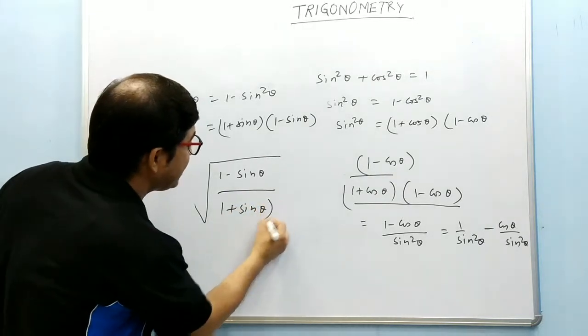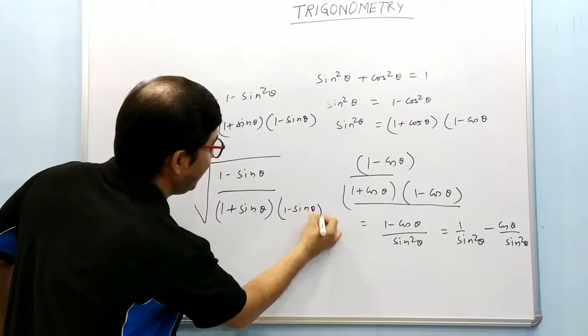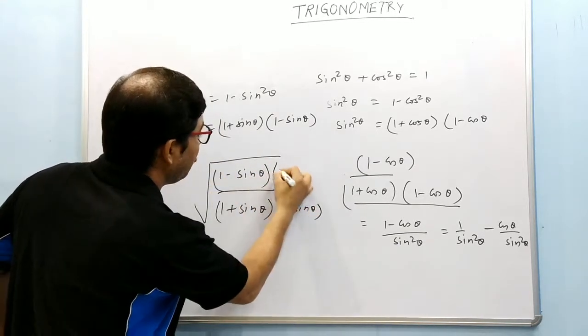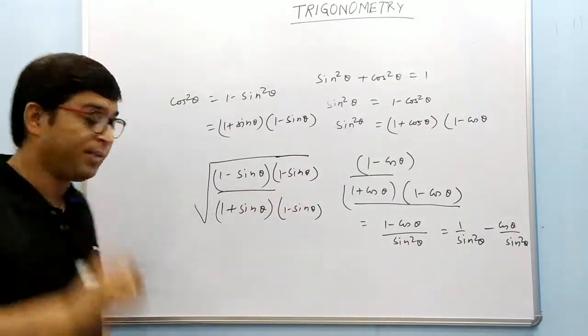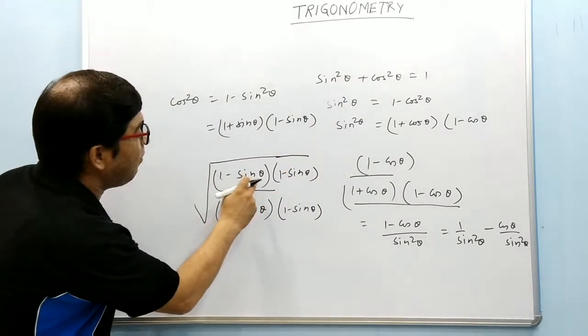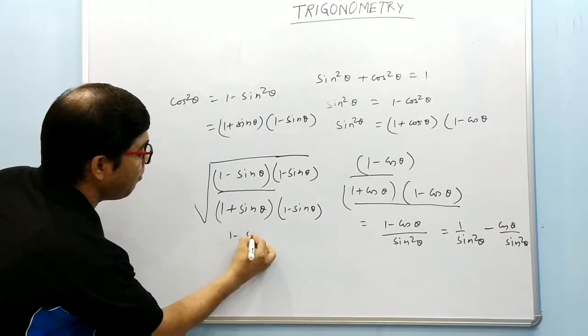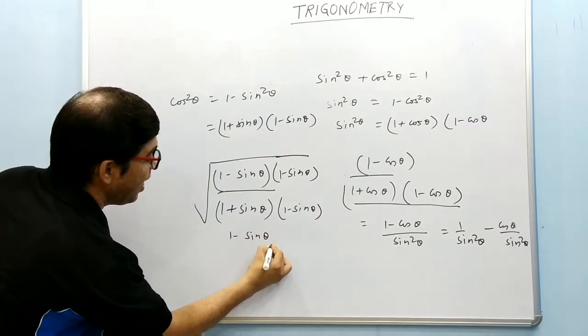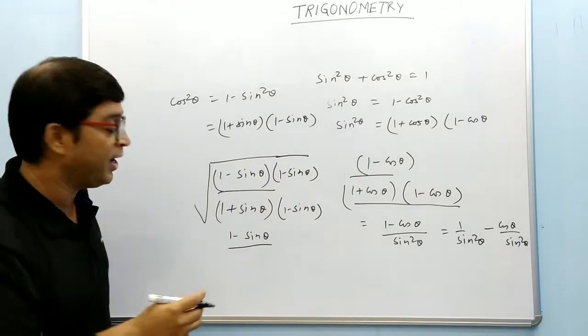How? Very simple. 1 minus sine theta you write in the denominator, you write in the numerator to balance it out. We cannot do anything extra in mathematics. So what is this? 1 minus sine theta whole square. So it is giving you 1 minus sine theta, and here we are getting cos square theta.